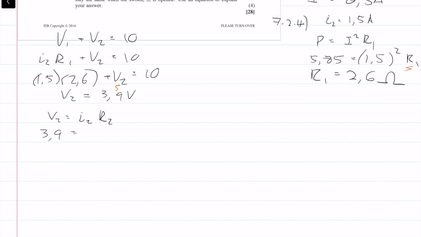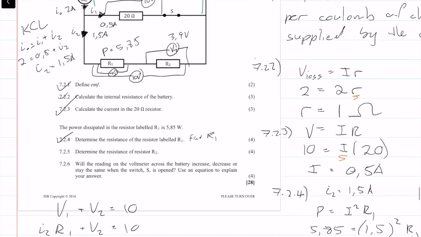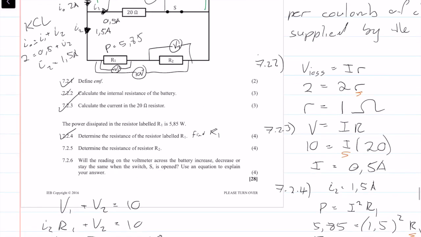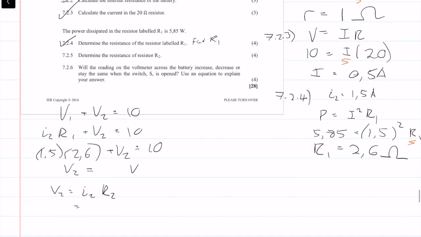Sorry, this is a mistake. Let me just fix this as well. Sorry, V1, this calculation right here, is equal to 3.9. So V2 is actually equal to 10 minus that, which is 6.1.